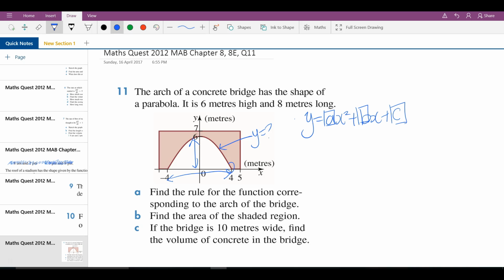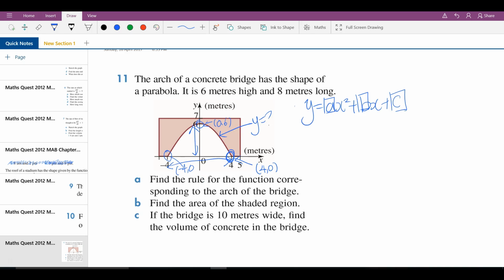So look here, we've got one point here. That point is (4, 0), I believe. We've got another point here, which is (-4, 0), and the last point is here on the function, which is (0, 6). So that's 3 points, and that's more than enough to help us find the function for the bridge.